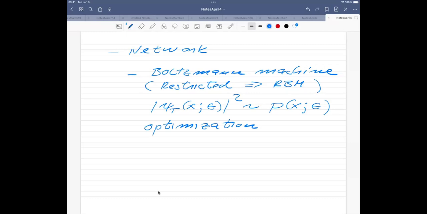So we want to calculate the expectation value of the local energy as a function of x and theta, and we want to optimize the gradient. We want to drive that expectation value to 0.